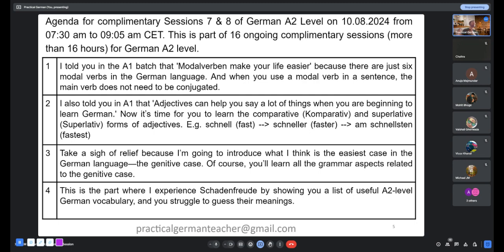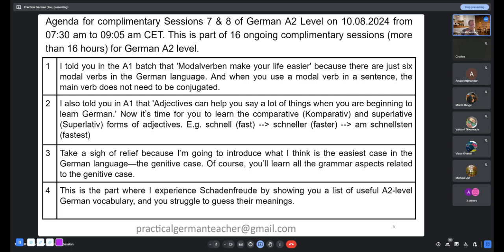But what if you want to say he is fast with respect to this person, or this software is fast with respect to that software? You will have to say faster, right? Similarly, in German you'll have to say schnell, schneller. This is one level higher. Then if you want to say this is the fastest, you will have to say am schnellsten. This is what you are going to learn today, to use three different forms.